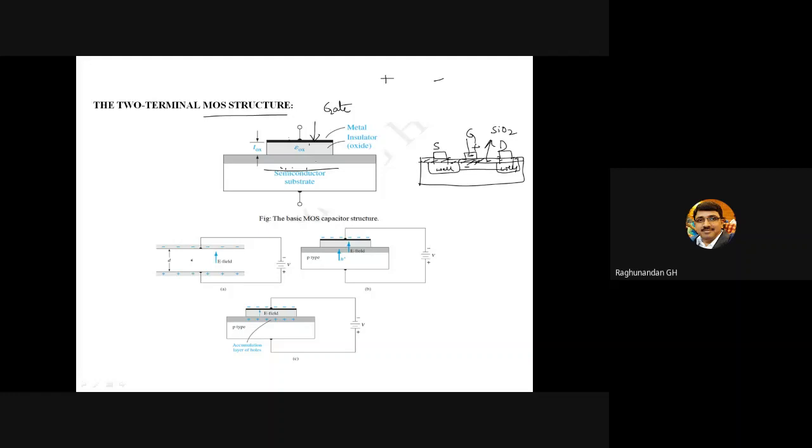Nilada? Same, sir. Recall the working of MOSFET. How the gate will be used for the conduction process.